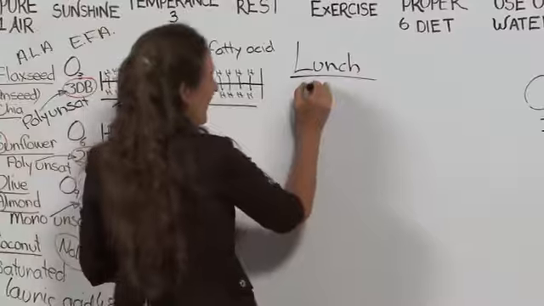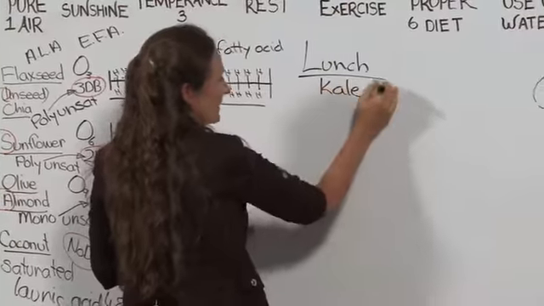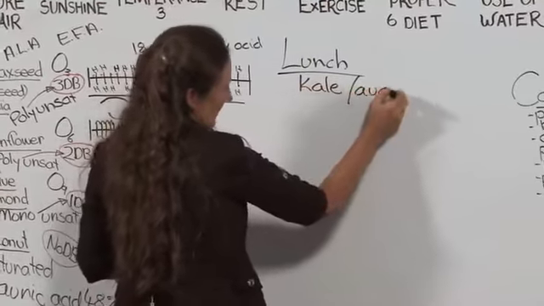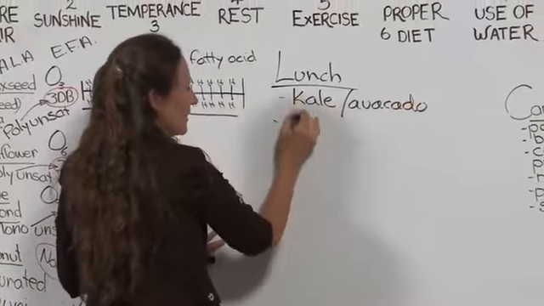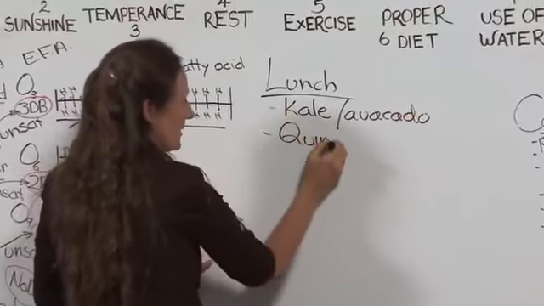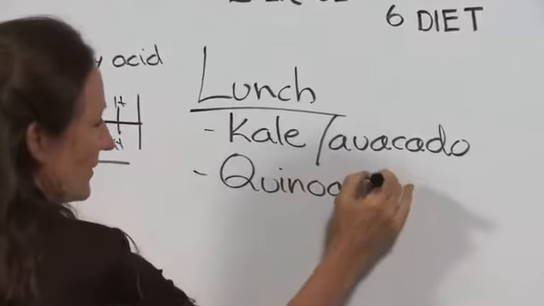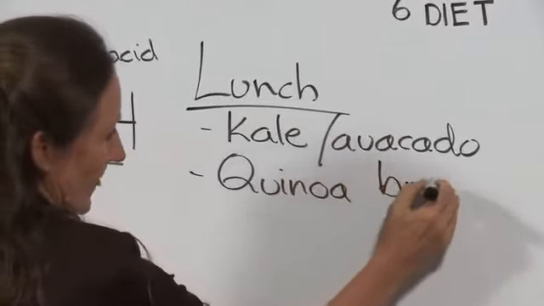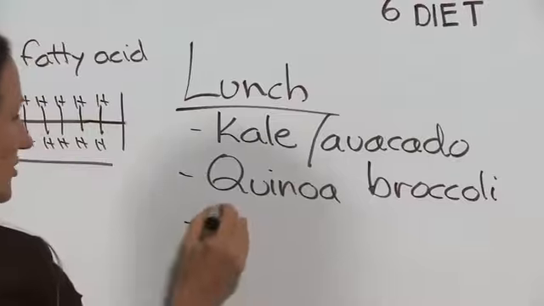We had a kale salad. We had avocado. We had a quinoa salad, and the quinoa salad had tomato, onion, and broccoli in it. And then we had a shepherd's pie.